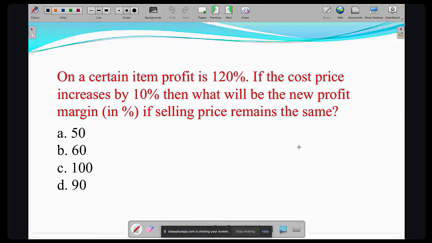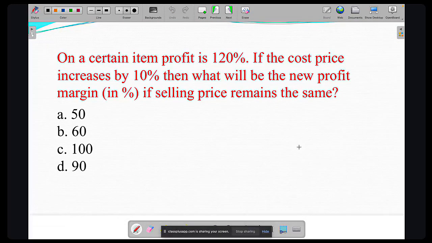Same type question, but you read this question and try. Just assume and you try. On a certain item profit is 120%.